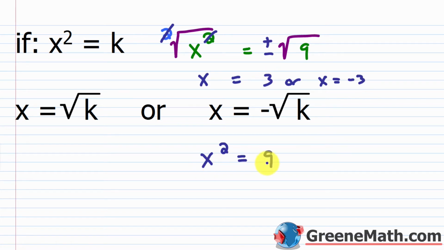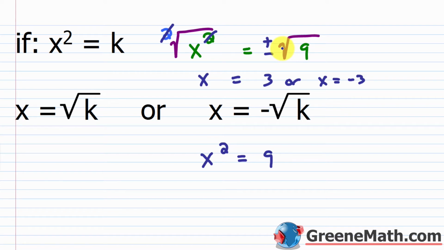Again, 3 squared is 9, and also negative 3 squared is 9. So because of the squaring operation and the fact that it takes a negative and creates a positive, and also takes the positive and gives us a positive, we've got to include the plus or minus symbol when we take the square root over here on the right-hand side.